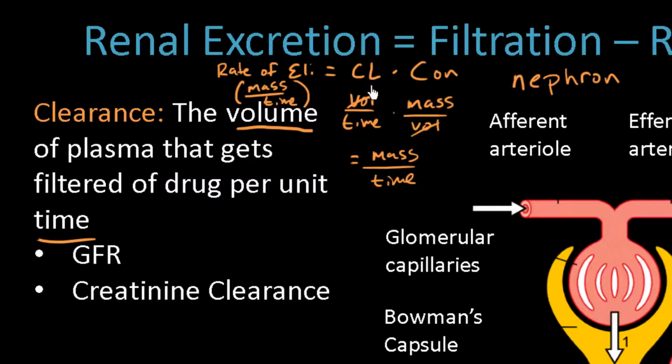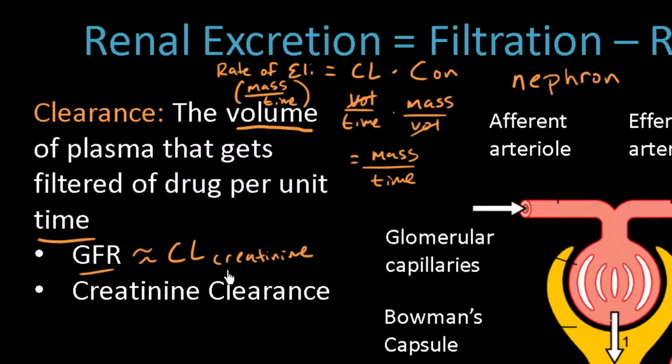Now, clearance is specific for elimination, whereas the same concept of clearance is GFR. GFR is a flow rate, but it's a flow rate of drug that is being filtered. It's the glomerular filtration rate. And we say that the glomerular filtration rate is approximately equal to the clearance of creatinine.